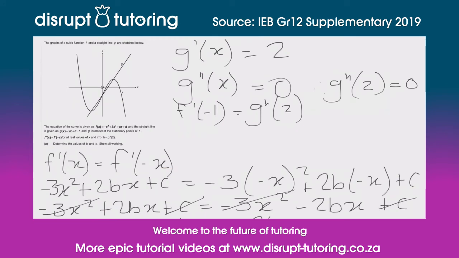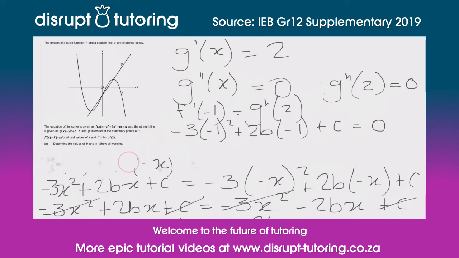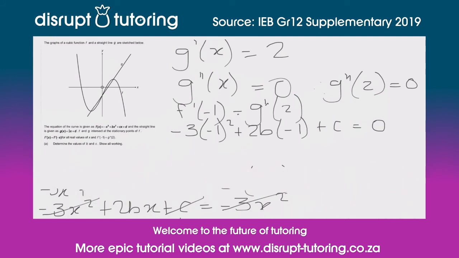And that's going to give us minus 3 times minus 1 squared plus 2b times minus 1 plus c equals, then the g double dash 2 is going to equal 0. Right, we're going to neaten up those brackets now. What I'm going to do is just give myself a little bit of space. So I'm going to clear out this little part over here. I'm going to leave b equals 0. Remember, you guys are going to be recording all of this in the test.